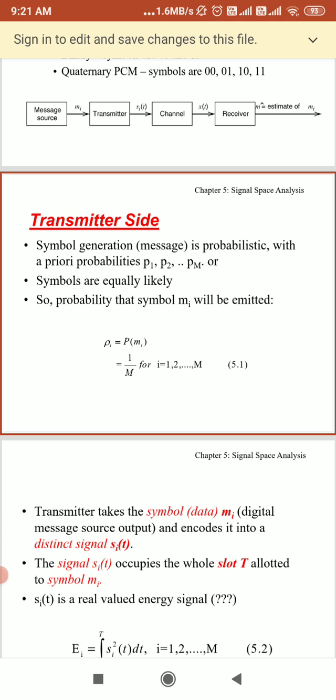Here the transmitter takes the symbol out of Mi and encodes it into a distinct signal. The signal Si of t, the distinct signal, occupies the whole slot allotted to the symbol Mi.